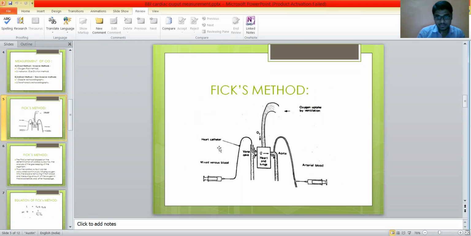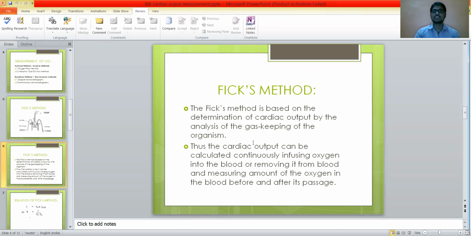This is the diagram which will explain the Fick method. We are seeing a catheter passing through the superior vena cava and aorta. The Fick method is based on the determination of cardiac output by the analysis of the gas exchange of the organism.